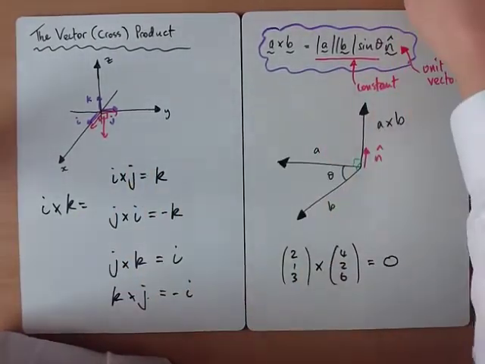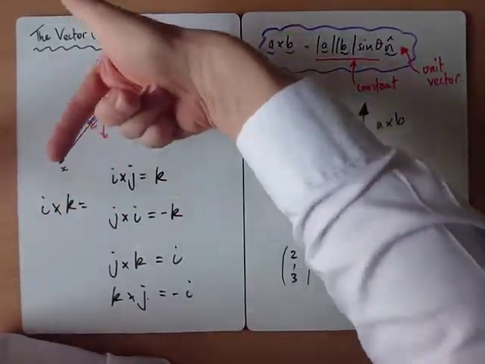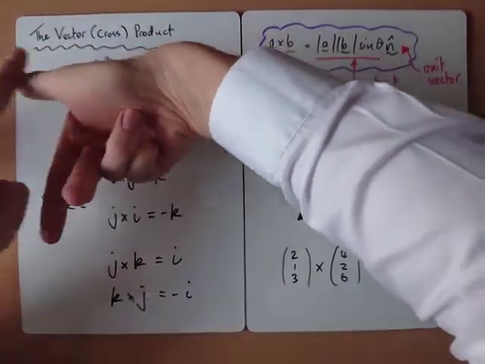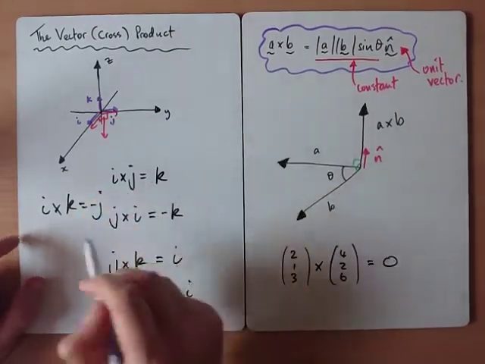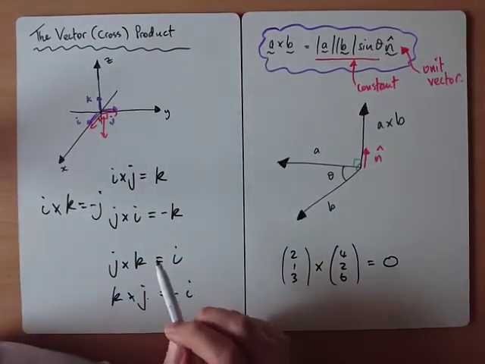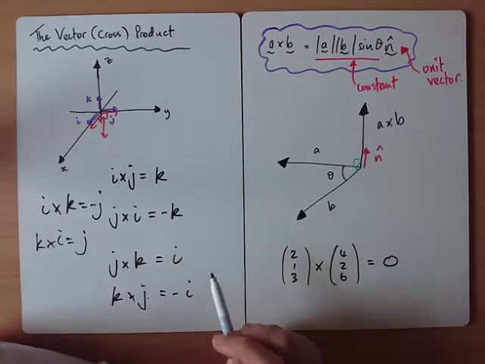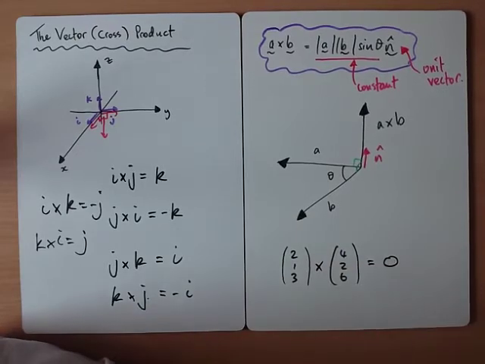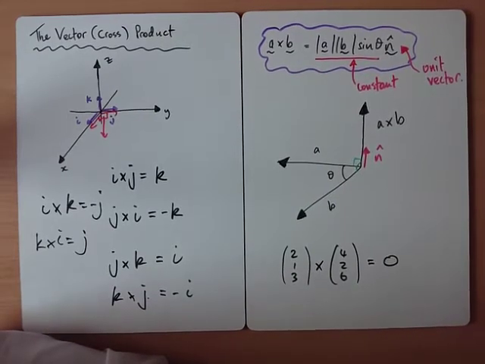Okay, so I is my index finger, K is my other finger, my thumb would be pointing that way, which is like negative J. So I cross K would equal negative J, in other words, K cross I would equal positive J. These are in your notes, so you want to highlight those properties, but now that we've seen this, let's look at how this applies to an exam style situation.